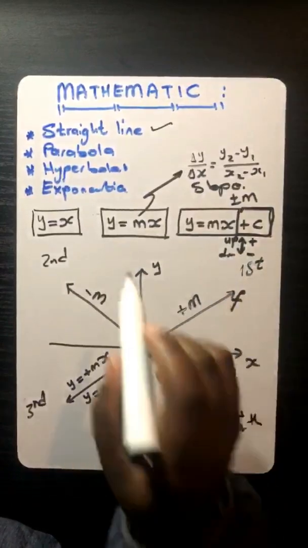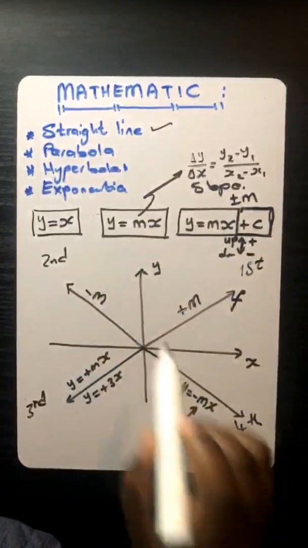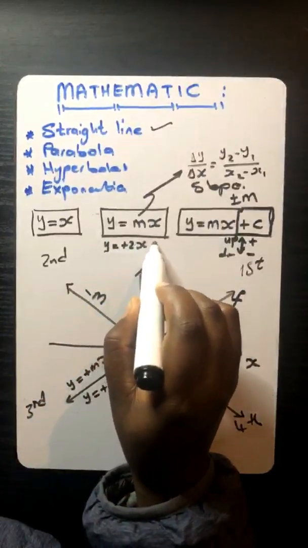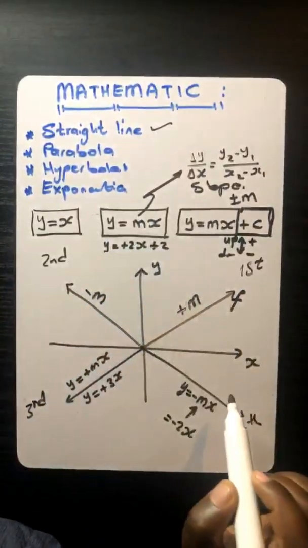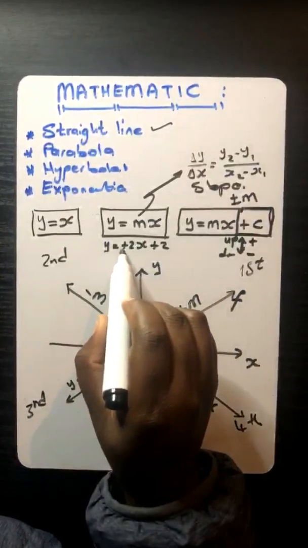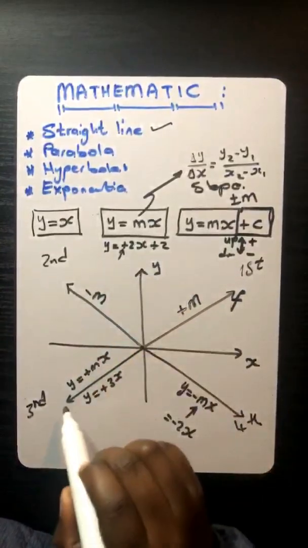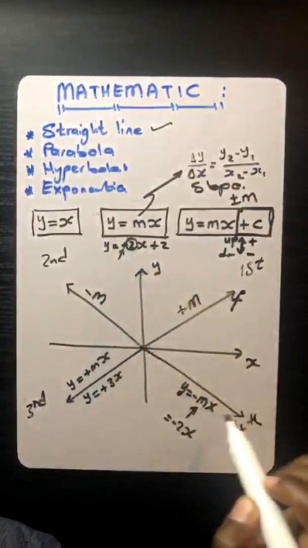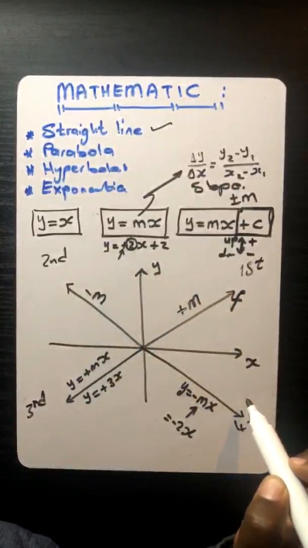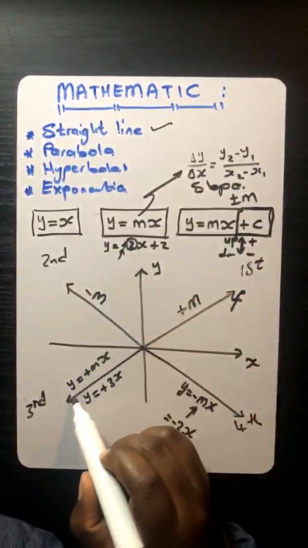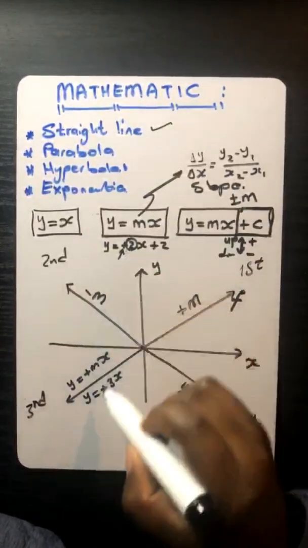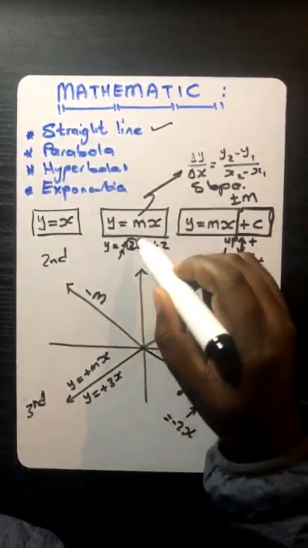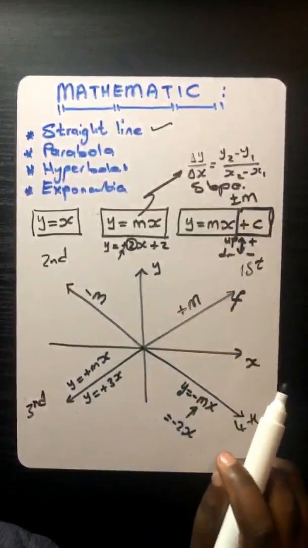So if you have a function, for example, of y equals positive 2x, let's say plus 2, you need to be aware that this positive means your function will be in that direction. And this value of 2 tells you about the steepness. If it's a bigger number, then it gets steeper, bigger, biggest, something of that nature.